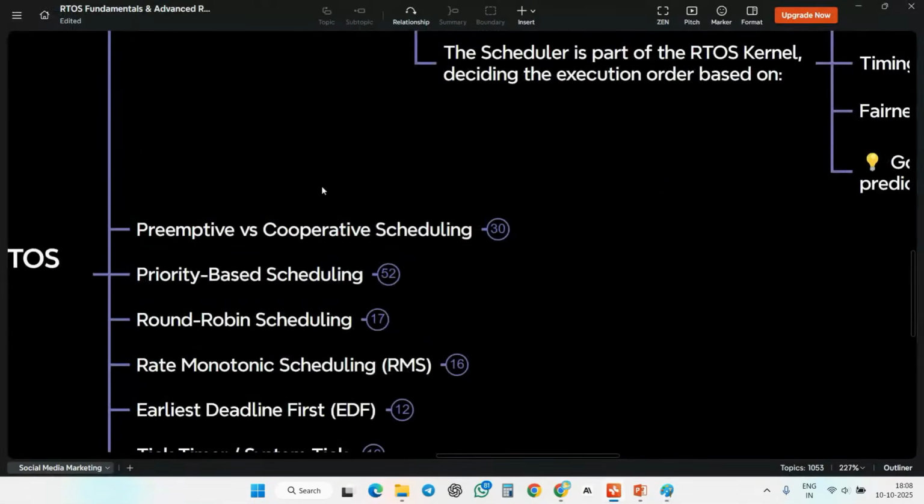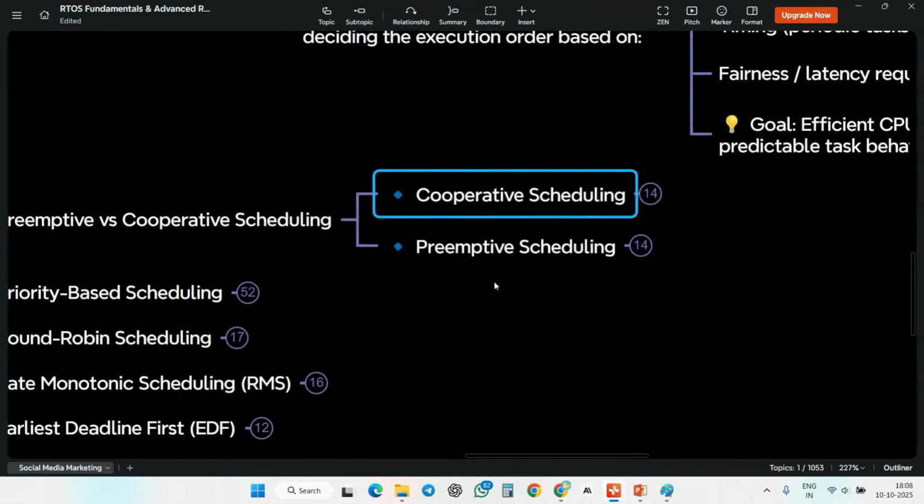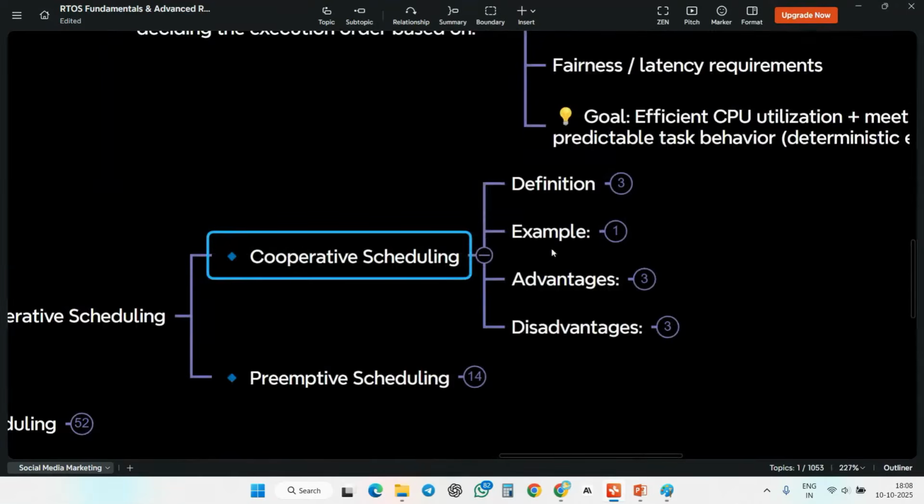And another scheduling topic. First of all, we are going to discuss preemptive versus cooperative scheduling. This is one of the major important things you need to understand. What is meant by preemptive and what is meant by cooperative scheduling?